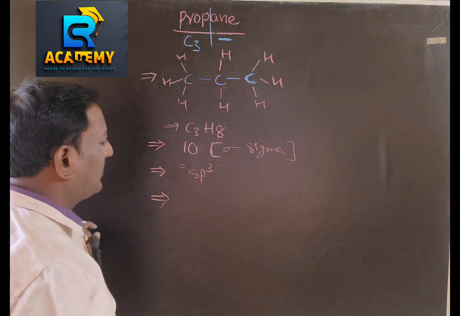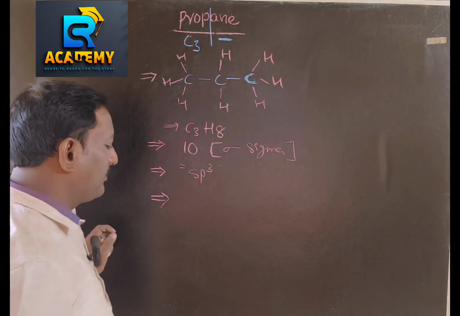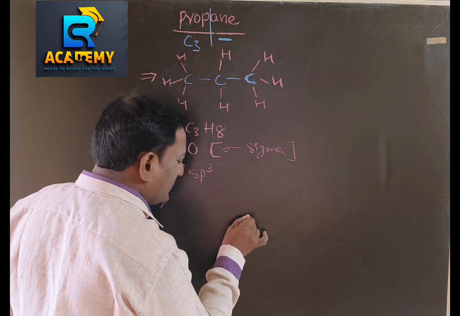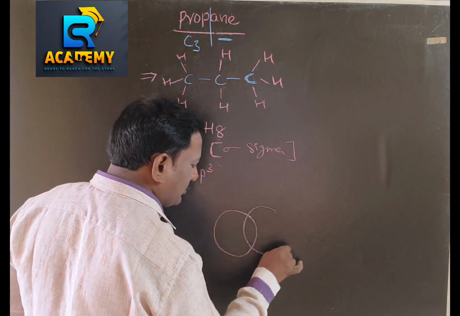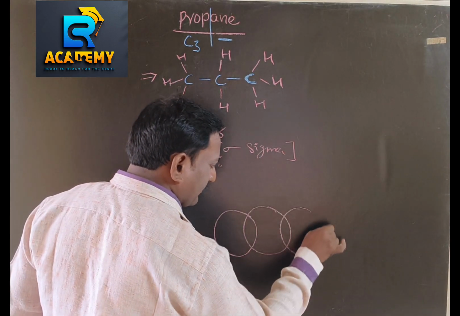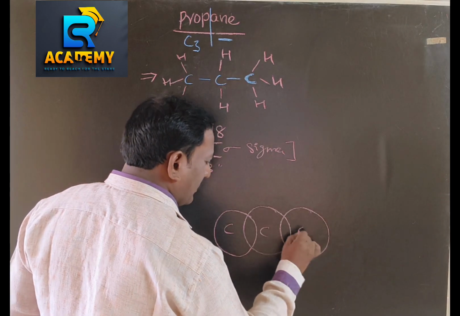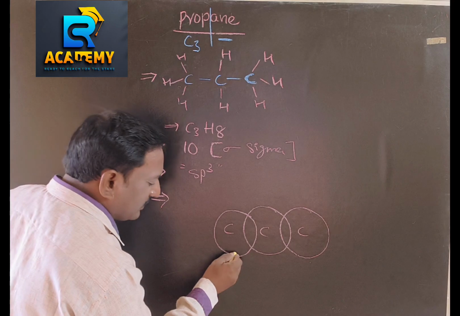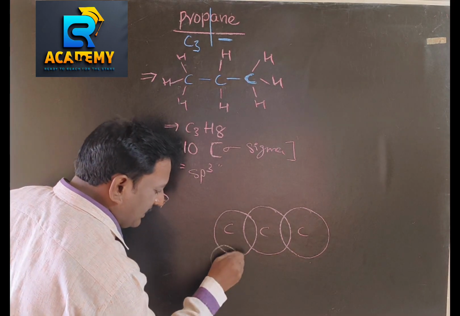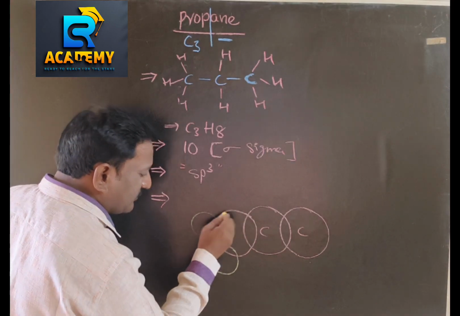Next one, electron dot structure. How many carbons are there? 3 main carbons. That means we require 3 main circles. 1, 2, 3: carbon, carbon, carbon. This carbon is combined with 3 hydrogen atoms, 3 circles for hydrogen.